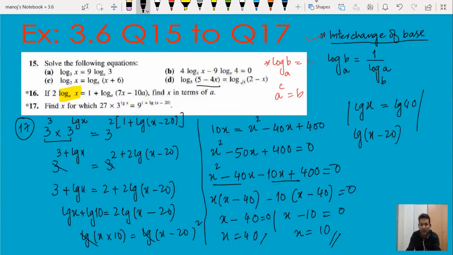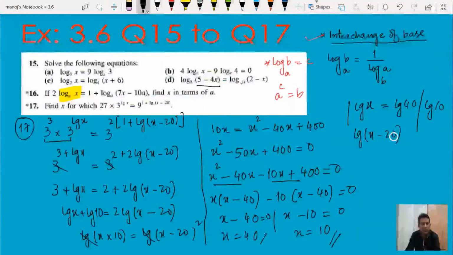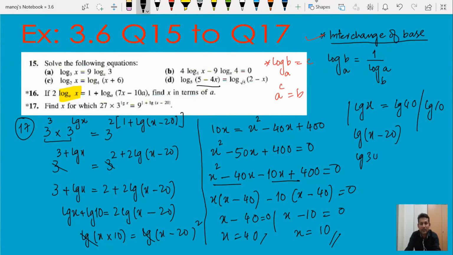Even you can write log 10. But when you put the value 40 here, 40 minus 20 is 30. Accepted. But when you substitute 10 here, what's the result? 10 minus 20 is coming log minus 10. Okay, this value is rejected. This is rejected, this is accepted.